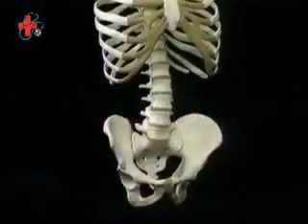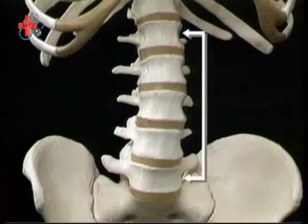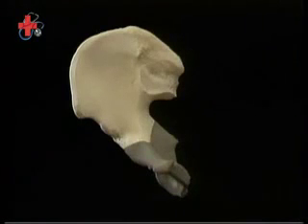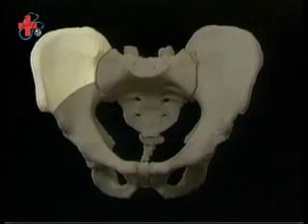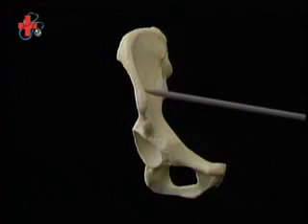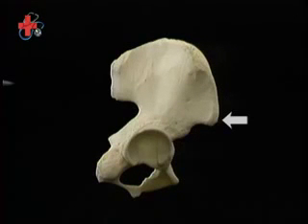Now let's review what we've seen of the bones of the abdominal region. Here's the costal margin. Here are the lumbar vertebrae. Here's the ilium, the body of the ilium, the wing of the ilium, the iliac fossa, the iliac crest, the anterior superior iliac spine.